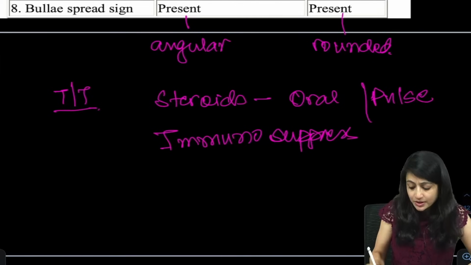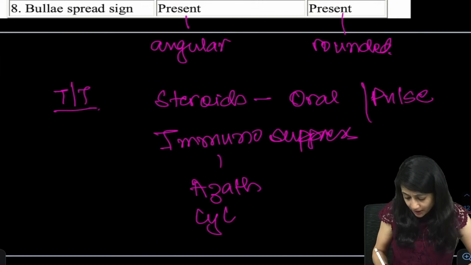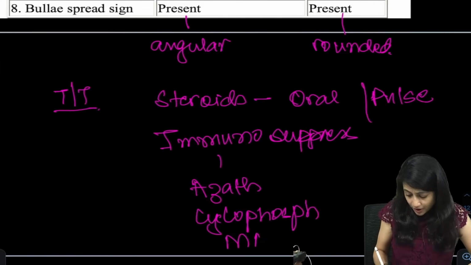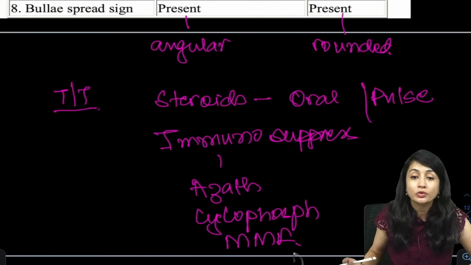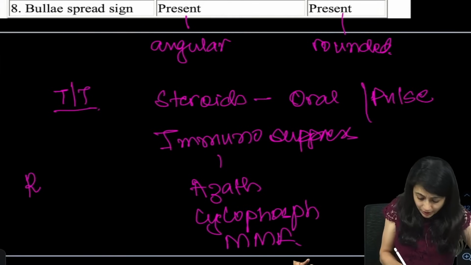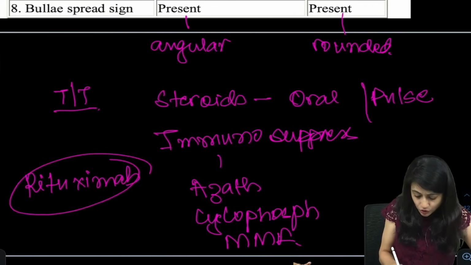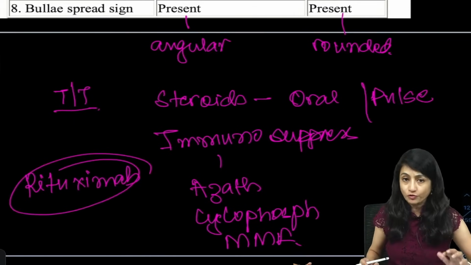And immunosuppressants which are used are azathioprine, cyclophosphamide and MMF. However, they frequently ask you about the name of a biological which is used in this group of disorder. Absolutely right. The biological which has been used is rituximab. Okay, so you should know this name with this group of disorder.